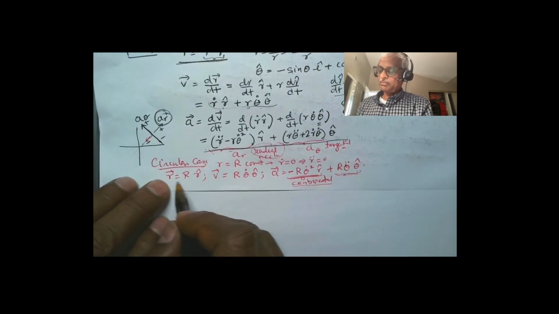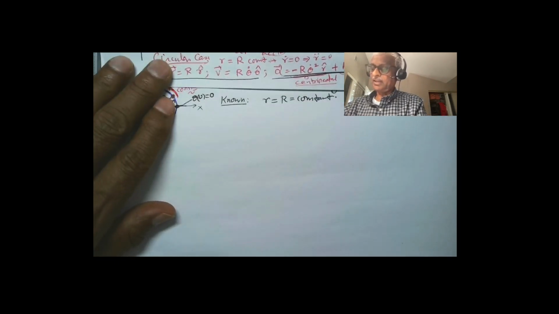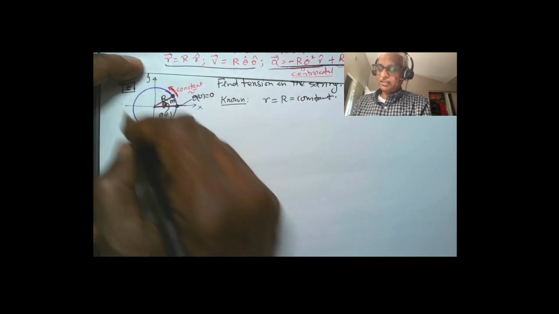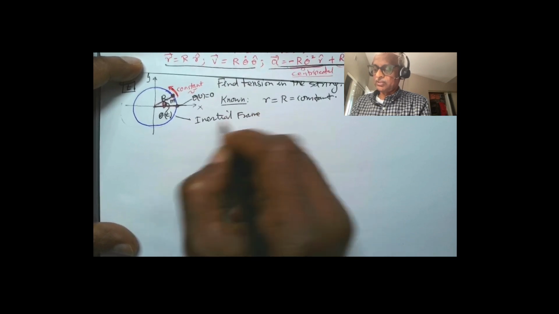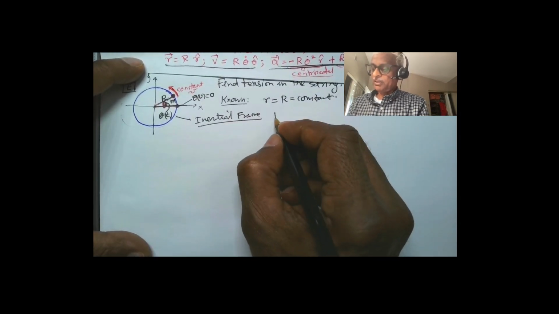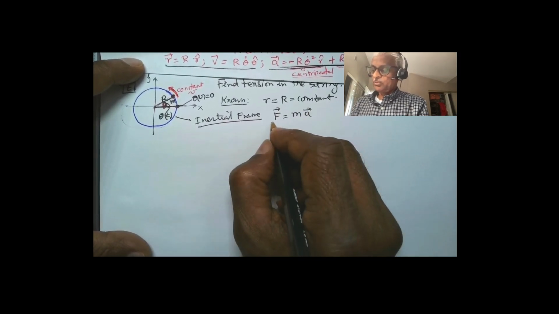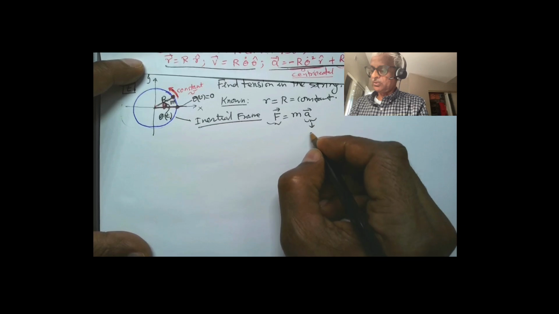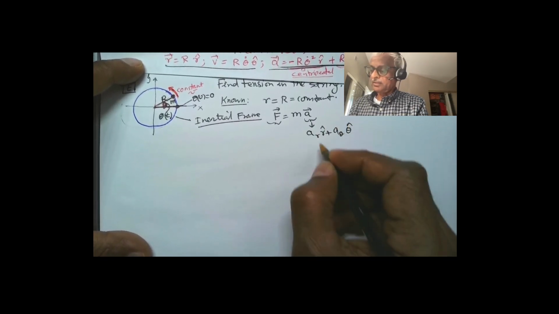Let's see if I have the right page here. Yep. So it's a circular motion case. Using that case, and if this is an inertial frame, then in this frame F equals mass times acceleration, so this got decomposed into a r hat plus a theta hat.